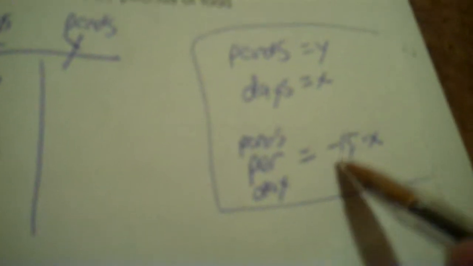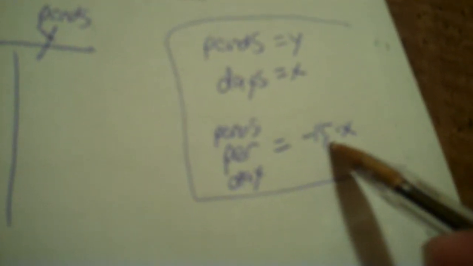Well, we know the pounds per day. They decrease by 15 pounds per day, so it'd be negative 15 times x. Now make a table with days for x and pounds for y. So go 0, 1, 2. When you have this number here, you see exactly what the rate of change is, the m. This is also known as your m.